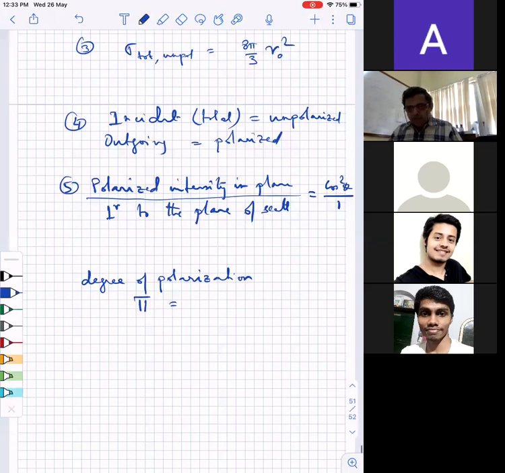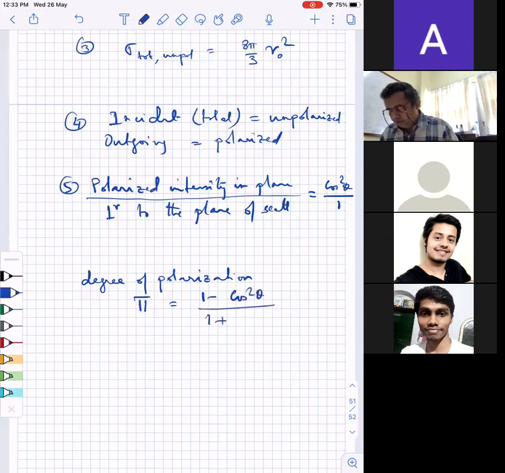And so I can write down the degree of polarization, which will basically be 1 minus cos square theta over 1 plus cos square theta.